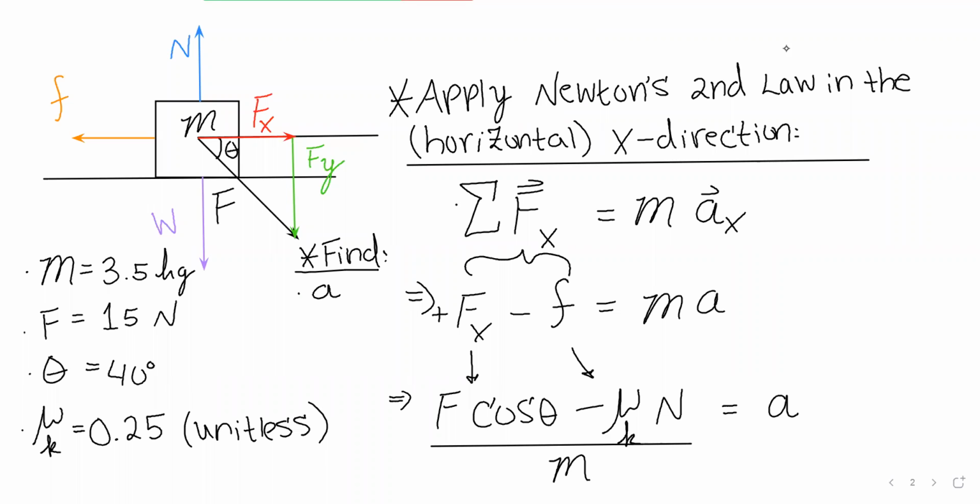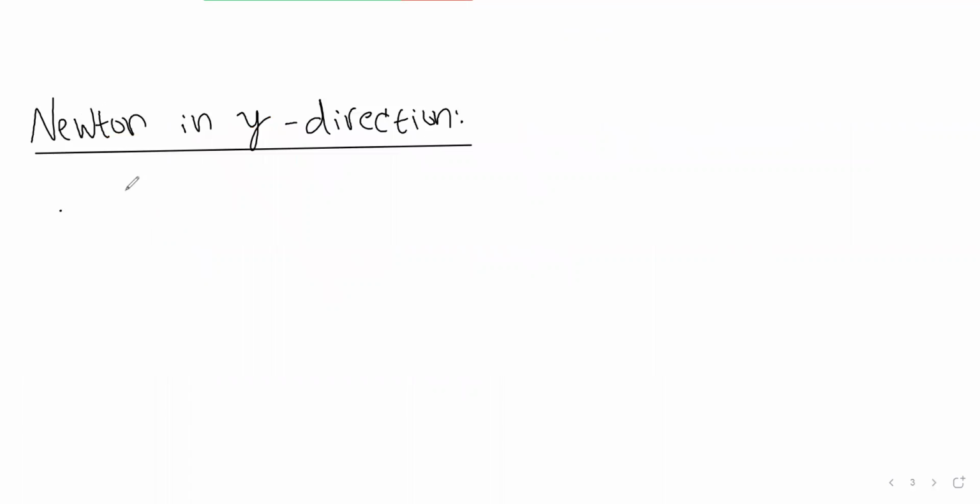Now, we could just plug in numbers, but notice how, although our ultimate goal is to find A, we need to find N. Classic physics dilemma. So N, the normal force, is a vertical force. So to derive an equation for it, add together all forces, take into account their sign or their direction. Vertical equals mass, vertical acceleration.